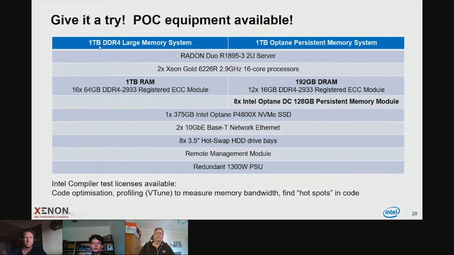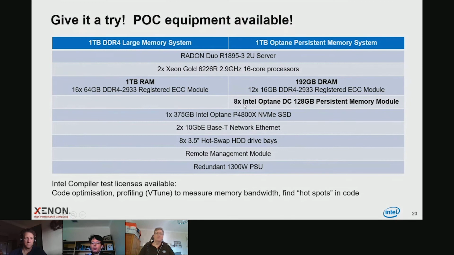One is a conventional large memory system with 1 terabyte of memory with the corresponding price tag attached to it, which has 16 64 gigabyte memory modules. That, of course, provides a lot of performance, but it has a pretty hefty price tag. But you'll be able to compare that to a 1 terabyte system with 8 Intel Optane 128 gigabyte memory modules.